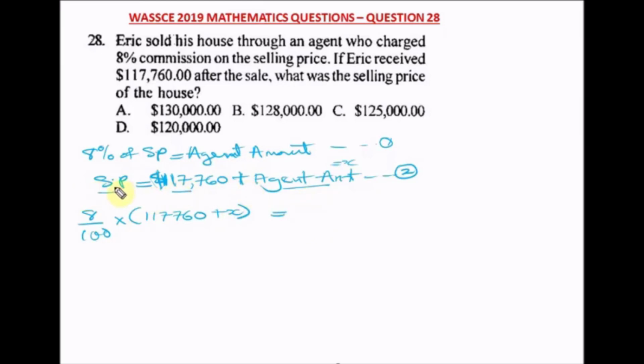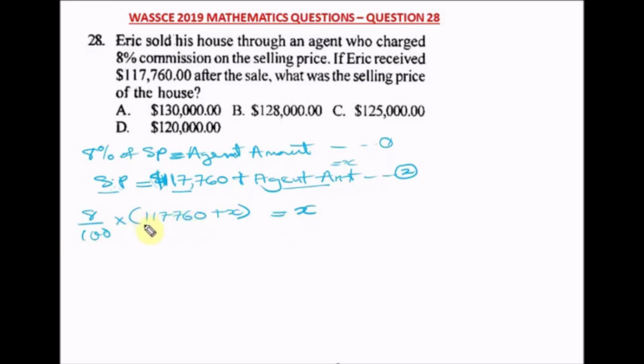We're putting this particular value, SP equal to this, into equation 1. I hope you're following. So we have equal to agent amount, which we made x. So from here we can open up the bracket.